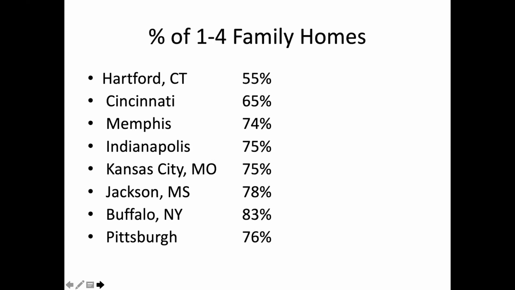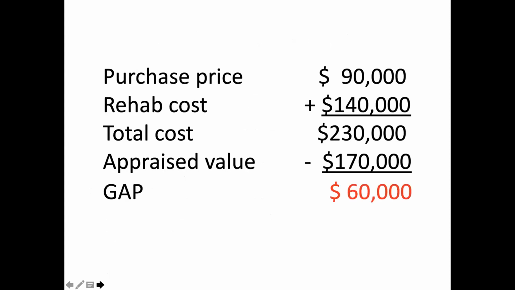But oddly enough, the thing that is working against us the most is the fact that 55% of our homes are 1 to 4 family homes. And this presents a problem in a declining city because there is no significant funding or financing available to help restore this housing stock.